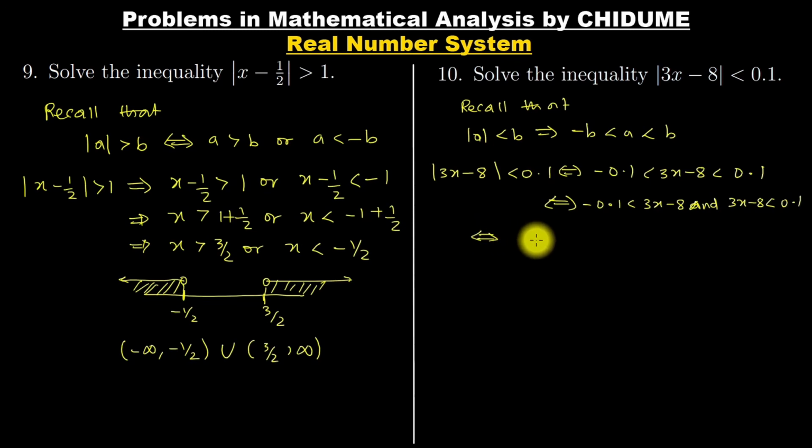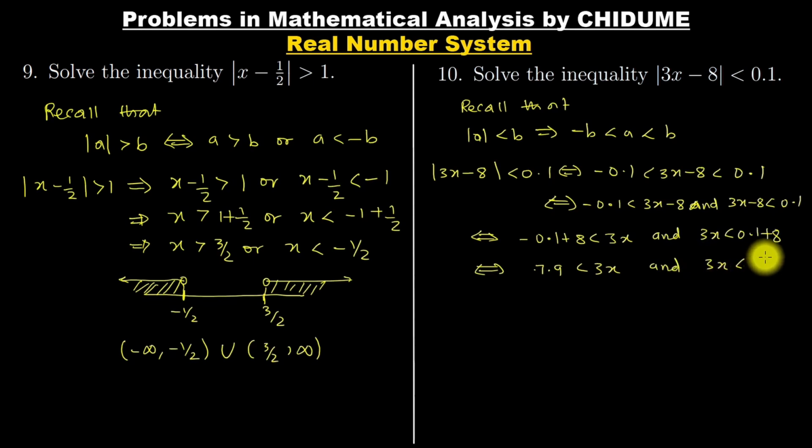So if I add 8 to both sides, I'm going to have negative 0.1 plus 8 strictly less than 3x, and 3x strictly less than 0.1 plus 8. So this implies that we have 7.9 strictly less than 3x, and 3x less than 8.1.